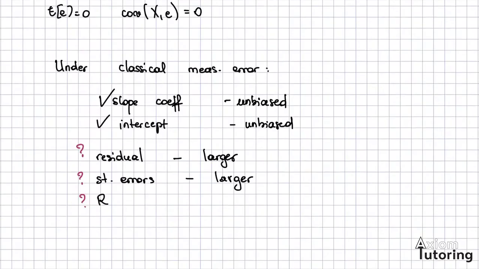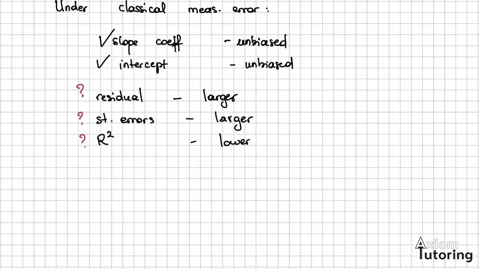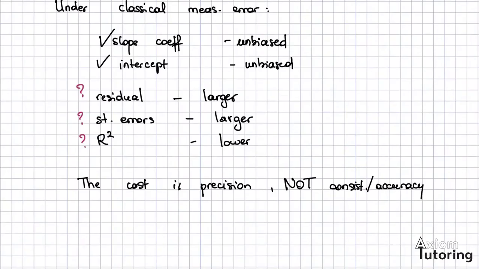And ultimately, R square is actually going to be lower because the noisy Y explains less of its own variation. So the cost for this particular type of measurement error is precision, not consistency or accuracy. Okay? So we get the right answer on average, but with more uncertainty around it.